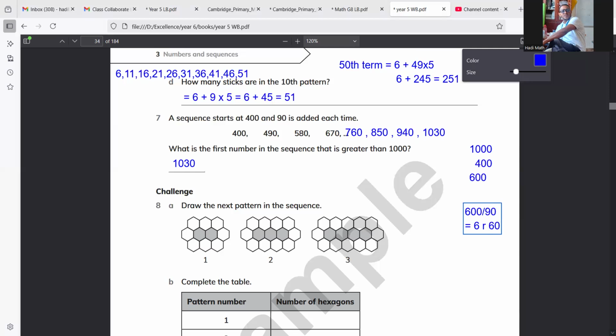I never need the answer, I need just the remainder. This remainder is 60. 60 needs how many to be 90? 60 needs 30. So add the 30 to the 1,000. That's it. It's going to be 1,030.